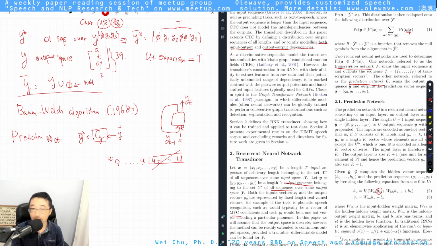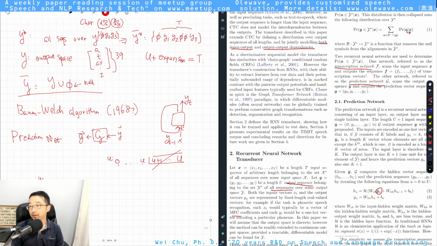It passes through a matrix, and then you get another matrix, W_hh, times h_{u-1}. You can see I call this u and this u minus 1.